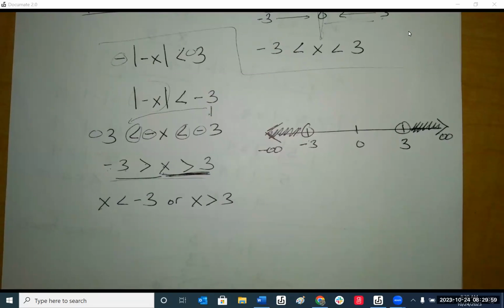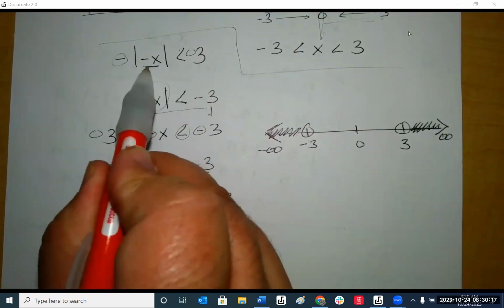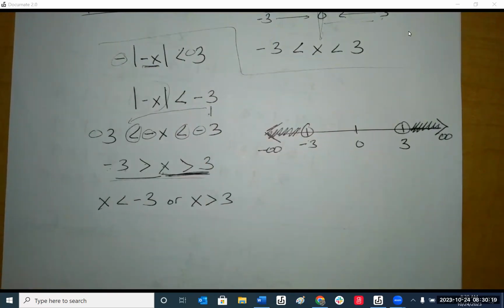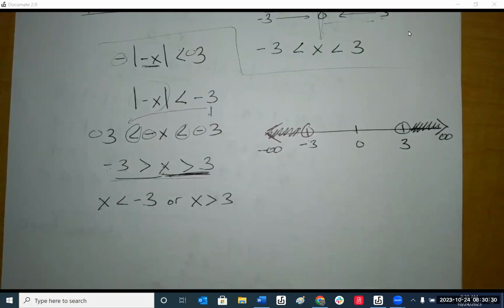The answer is x is less than -3 or x is greater than +3. Now, why did we change everything? Because inside the absolute value sign was a -x. And when we dropped the absolute value sign, we had a -x, so we had to change sign of everything.